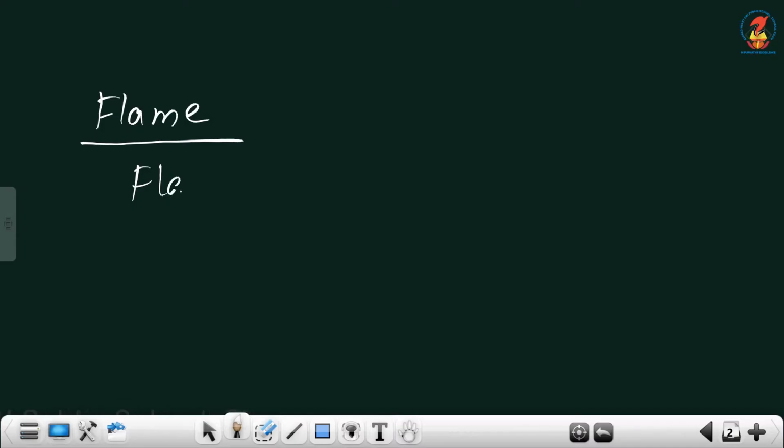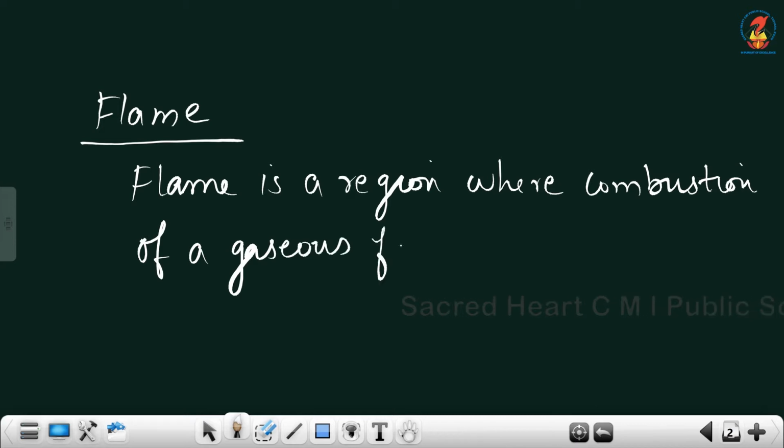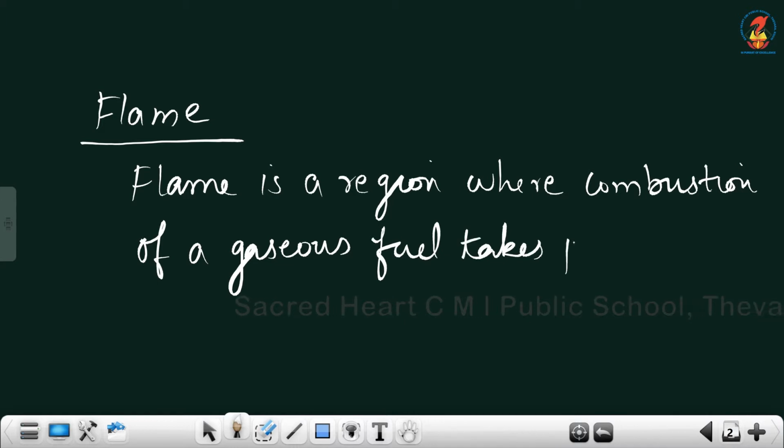Flame is a region where combustion of a gaseous fuel takes place.